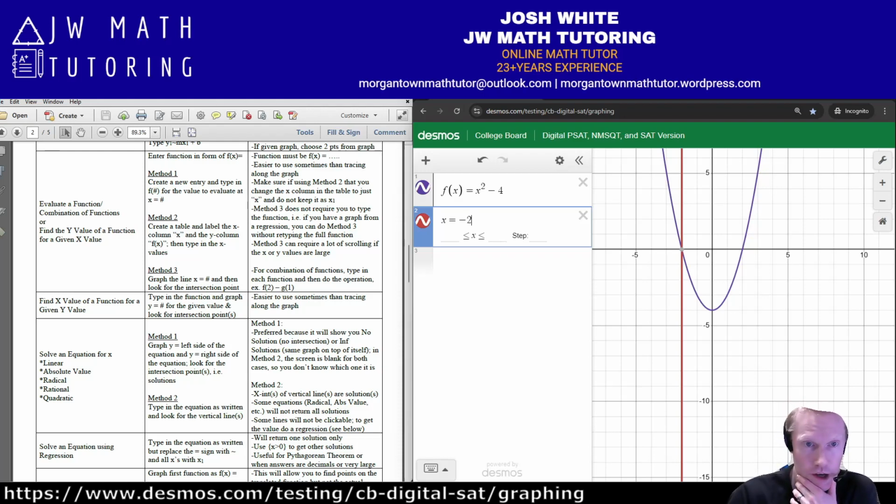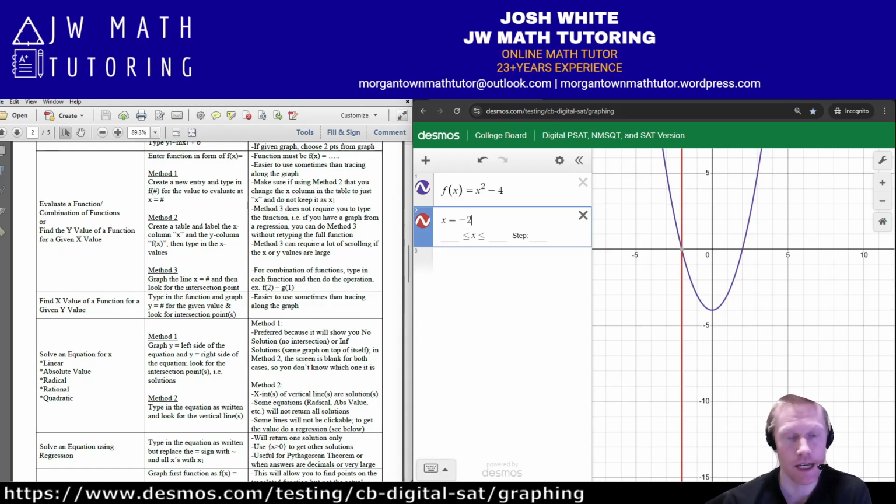So a couple things to be aware of. Any of these methods are usually sometimes quicker, easier than tracing along the actual graph itself. And the thing is, the third method does not require you to actually type the function.